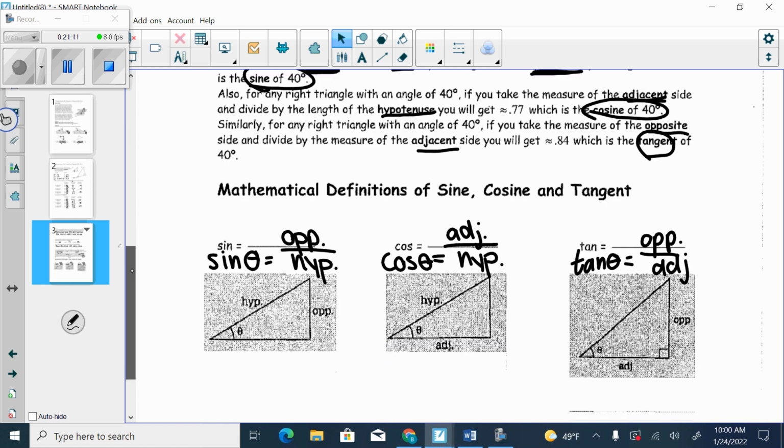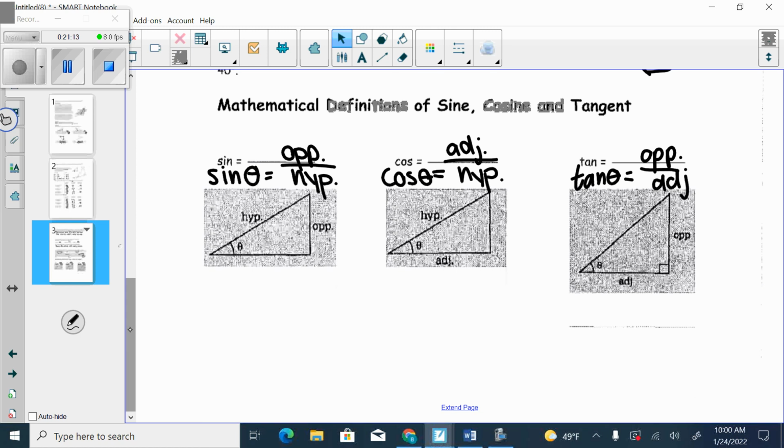So, in order to remember, they have a little acronym for you. It's called SOHCAHTOA. So SOH: sine equals opposite over hypotenuse.